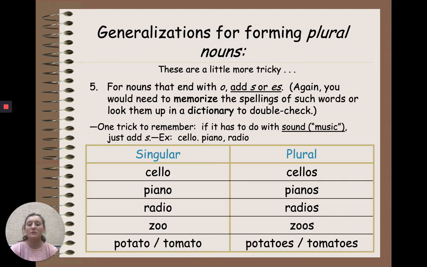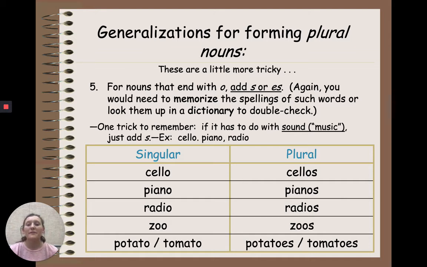Once you get used to these, when you start spelling them out, you'll start to quickly realize if you have them spelt correctly or not. Again, there's no special trick to spelling these. These are just ones that you keep spelling out, and then it starts to come more naturally. In the beginning, it might be kind of frustrating, but I know that when we keep practicing these, they're going to start to make more sense.